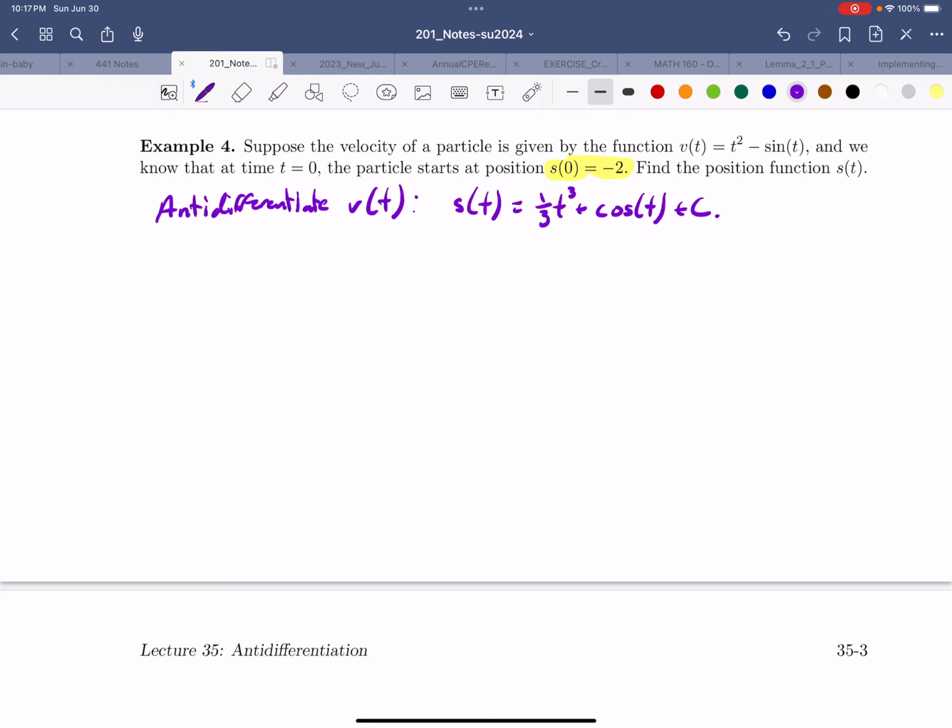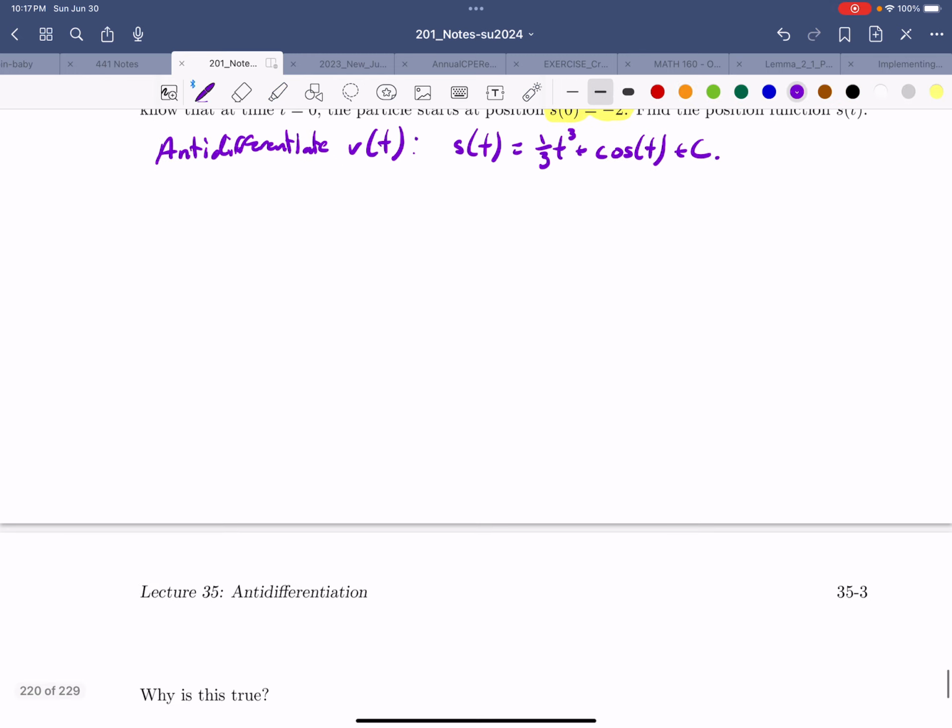So we have a little bit more information that we need to work with. So s of 0, on the one hand, equals -2. On the other hand, by definition, that equals 1/3 times 0 cubed, I'm just plugging 0 into our function. So maybe right here, initial condition.